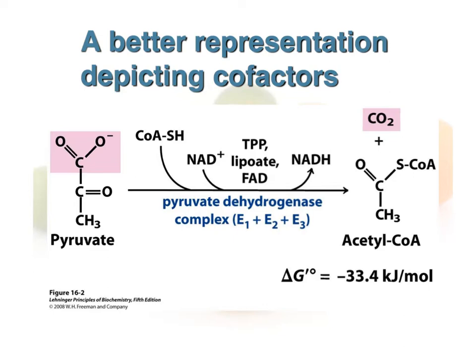On their own, they aren't powerful, but together they are. That's what E1, E2, E3 means. Those are the three components. Like I said, we'll break it down in just a moment. CoASH is just the way to abbreviate coenzyme A, NAD+, NADH, TPP, lipoic acid.